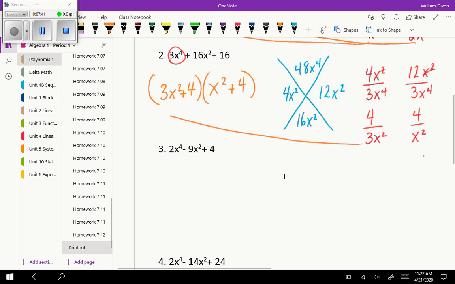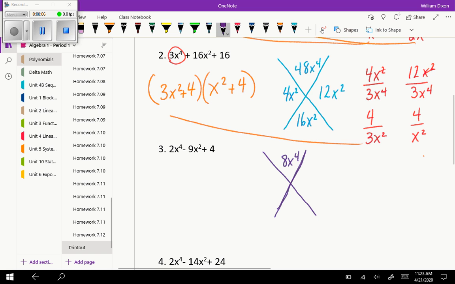All right, you're back. So I have 2x to the fourth minus 9x squared plus 4. Once again, I look for that greatest common factor. I don't have it. So I go to the x. I multiply my two outer terms, and I get 8x to the fourth.